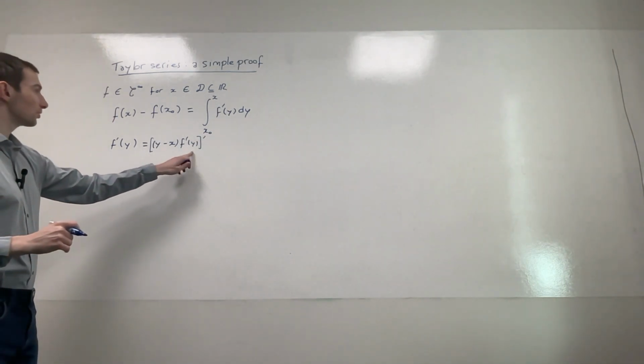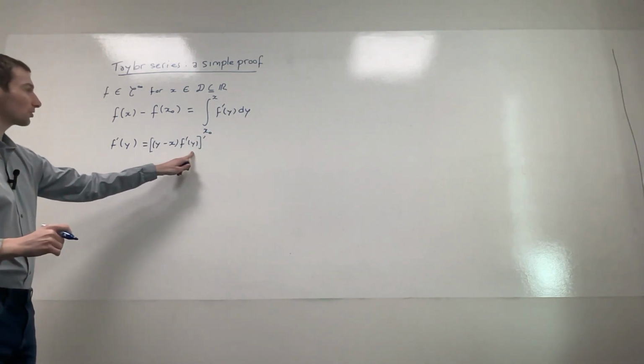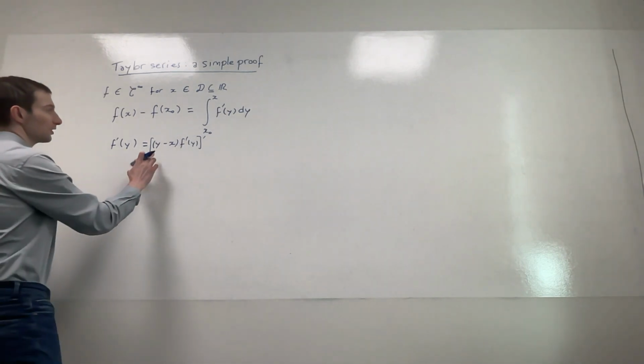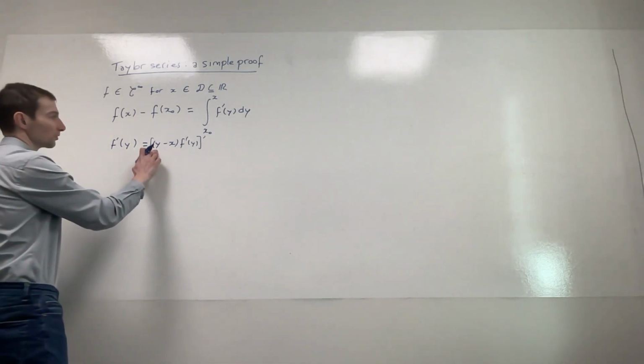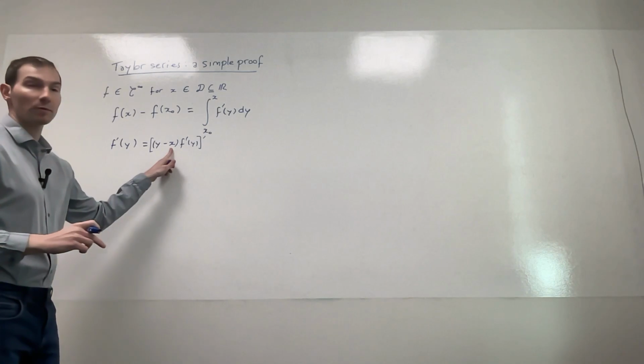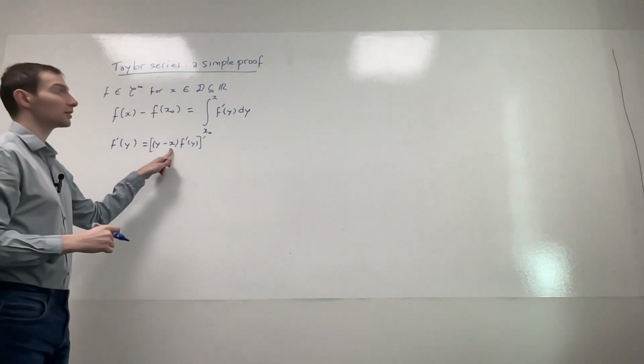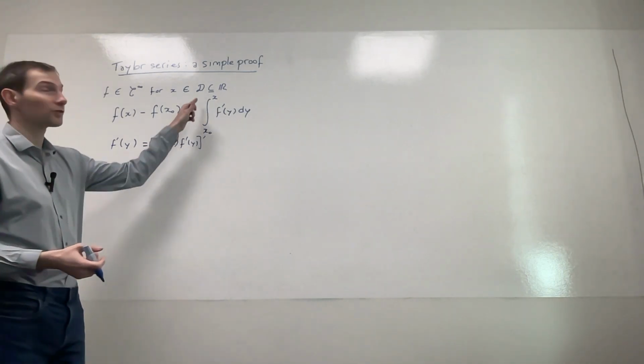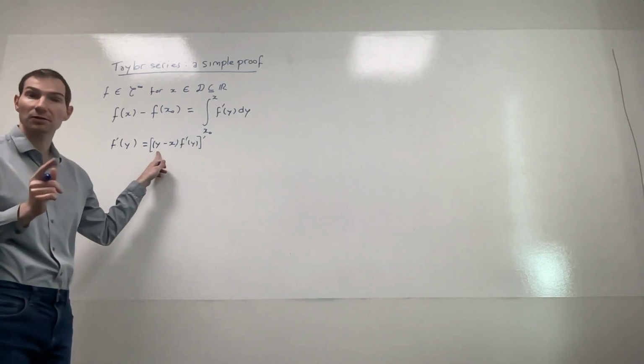So if I actually look at the differentiation of this, I'm going to get a 1 that is coming from y minus x. Remember that x here is actually a constant. This is one of the limits of integration, and y is the variable.